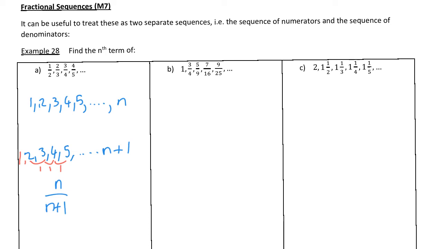Now the top numbers are all the odd numbers, but we need to maybe figure out what the nth term of that sequence is going to be. So if we think that's 1, 3, 5, 7 and 9, work out the common difference, so that's 2 every time. So that means it's going to be the form 2n.